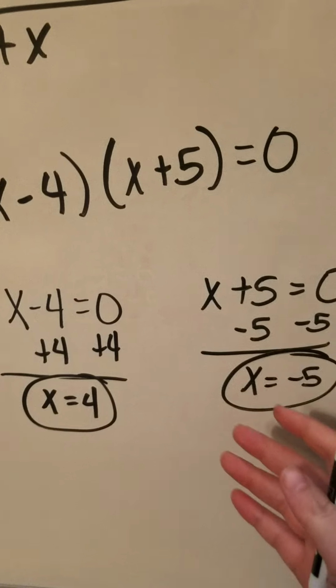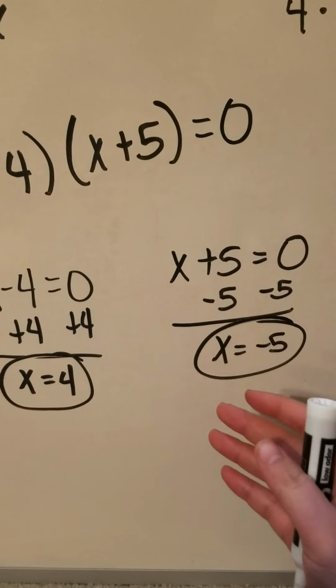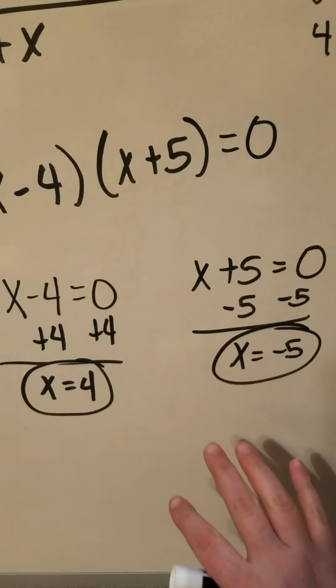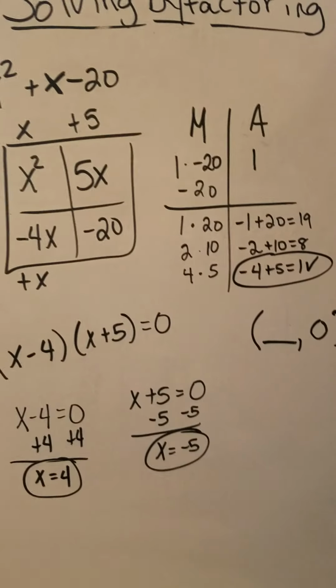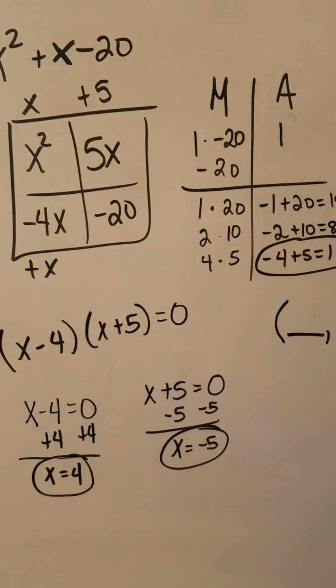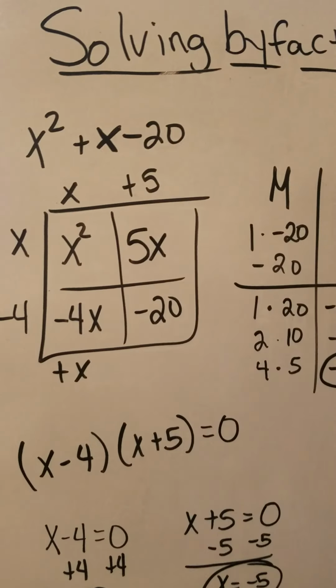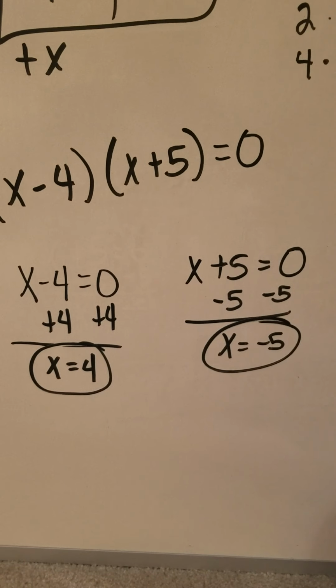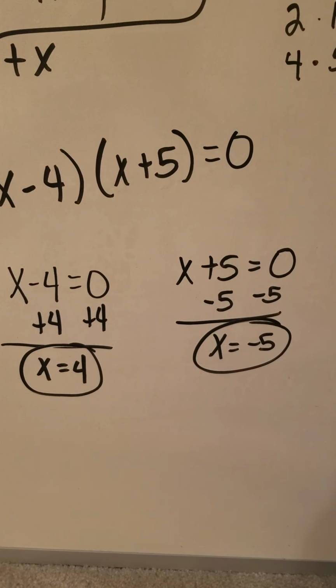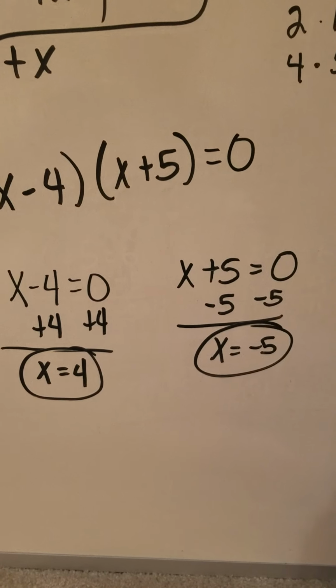But what we're mainly focused on right now is just learning how to solve these quadratics. So these are all the steps to solve a quadratic by factoring. Okay? You factor it. Once you find your factors, separate them, setting them both equal to 0, and then solve for your x values.